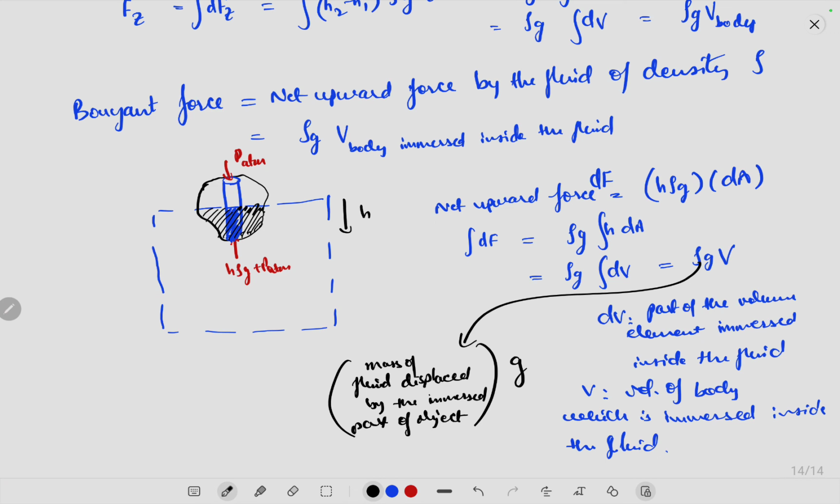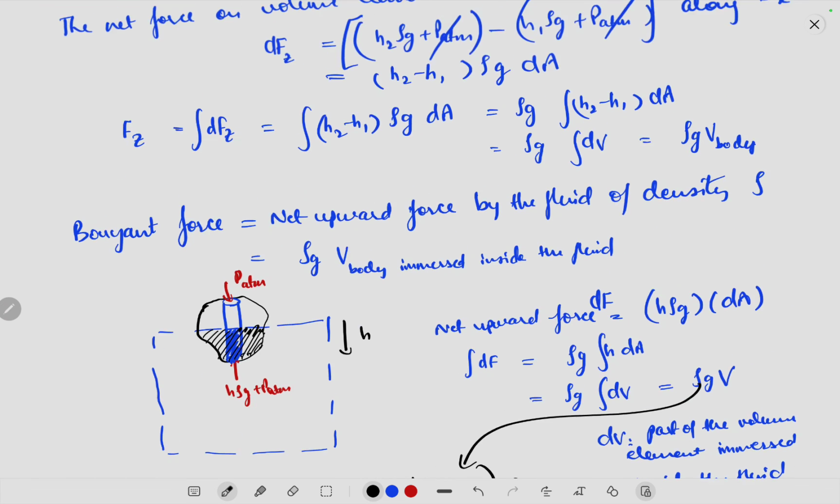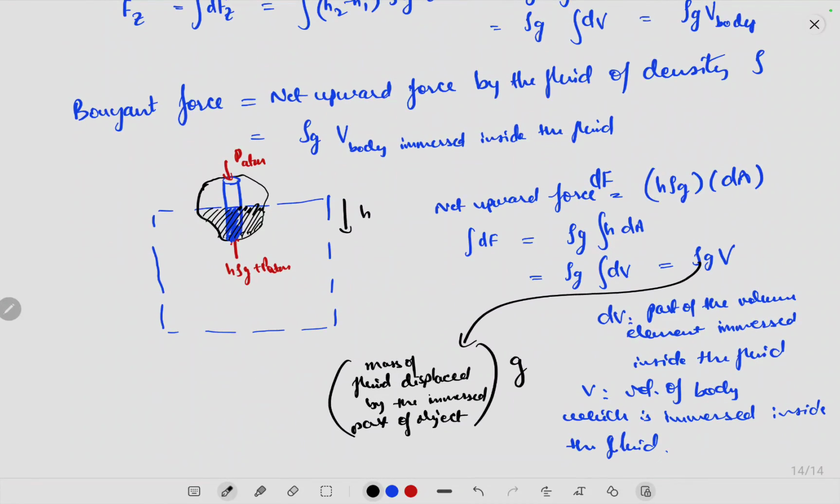So we can also write that the buoyant force will be magnitude wise equal to the weight of the fluid displaced by the volume which is immersed inside the fluid. Okay, so this is what a buoyant force is.